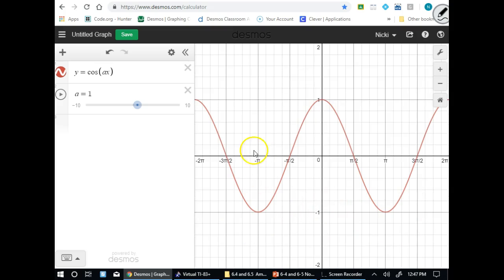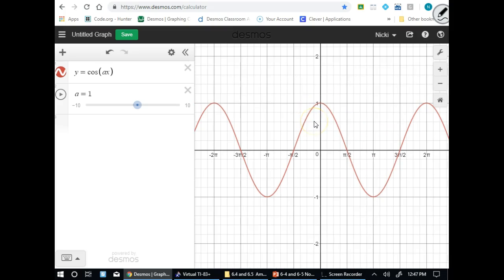Okay, that's a better graph. So, like right here, this looks like when we graphed cosine earlier, right? So right now, we have a period of 2 pi, because to get from a maximum point to the next maximum point, it's 2 pi. And then it just starts to repeat over and over.